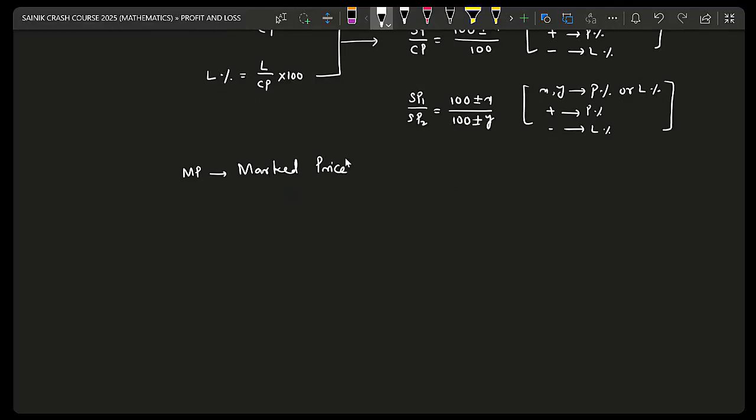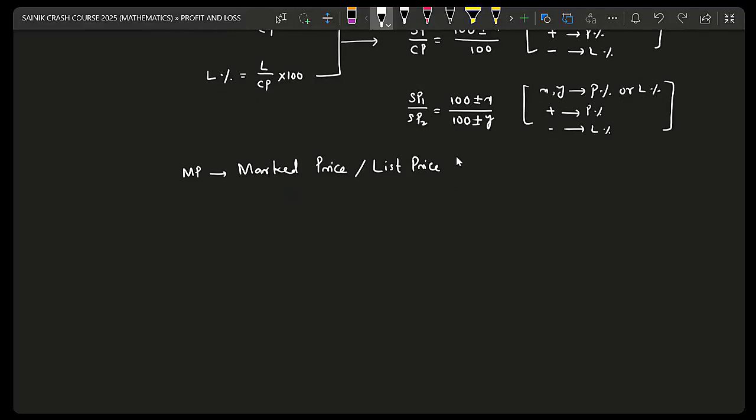It is available for this much cost, and it is also called the tag price. Every article has a tag printed on it, and it is also called the list price. You can see in some supermarkets they prepare a table: sugar, 1 kilogram costs 50 rupees, and one type of dal costs 60 rupees, like this. That is listed, which is why it is also called the list price. So market price is the same as list price.